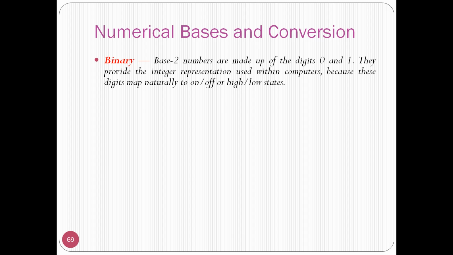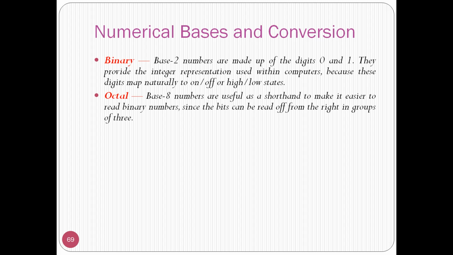The next is octal representation, where the base is 8. Octal numbers are useful as shorthand to make it easier to read binary numbers, since the bits can be read off from the right in groups of 3.